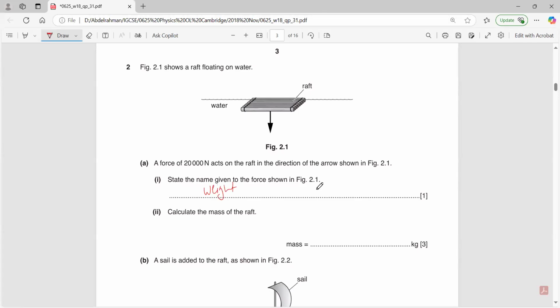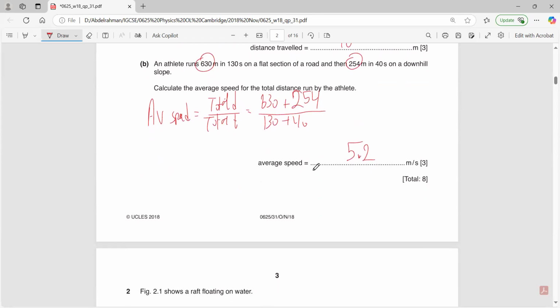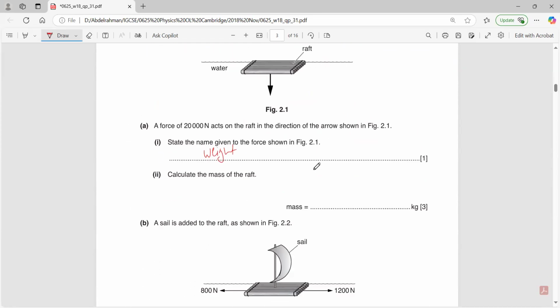Average speed was 5.2. State the name given. This was weight. Calculate the mass of the raft. How can I find the mass of the raft? If you have the weight, then you can find the mass. Mass equals weight over g.